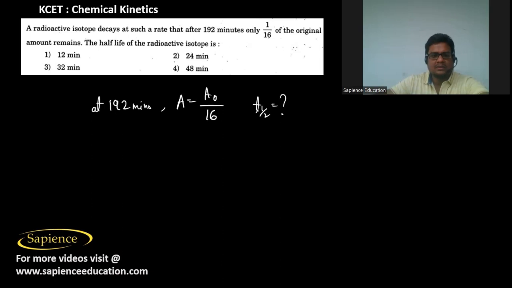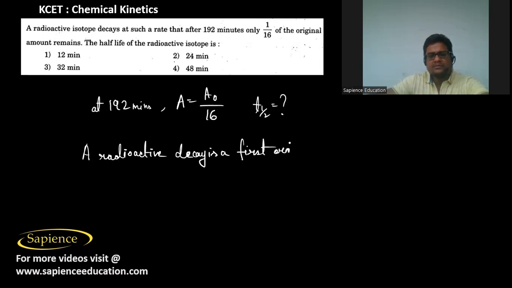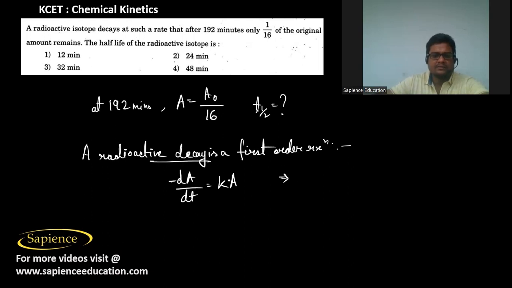So radioactive decay, as we know, is a first order reaction. Therefore we can say that minus dA by dt will be equal to K into A, where K is the rate constant, or I can say the radioactive decay constant.